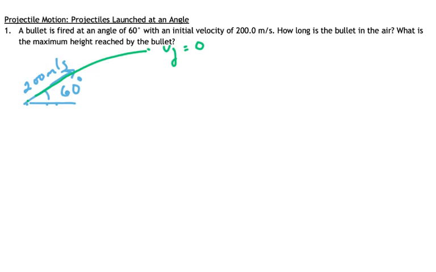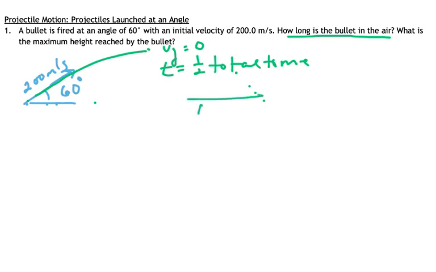Since it also wants to know how long the bullet is in the air, the time at this point is equal to 1/2 the total time, because it's still going to have to come back down to finish the arc and land at some distance away.